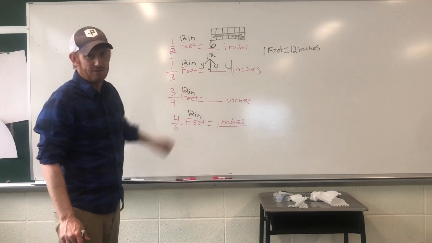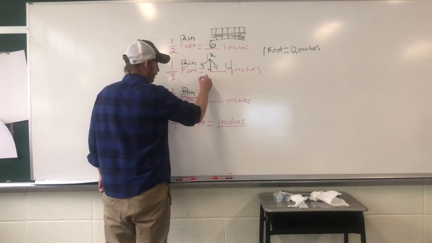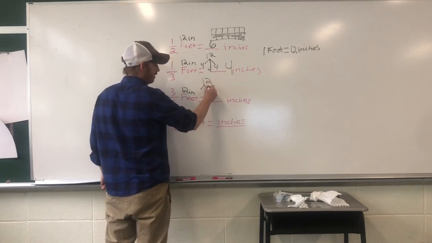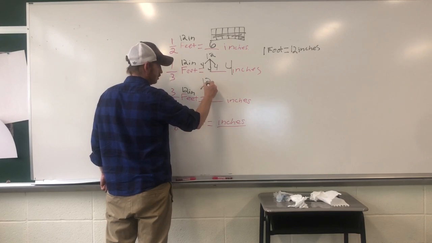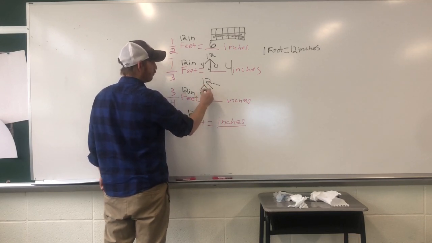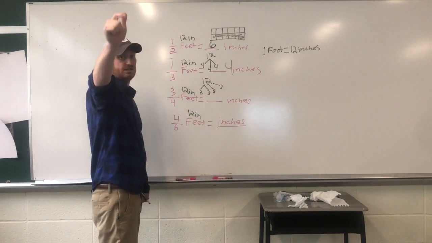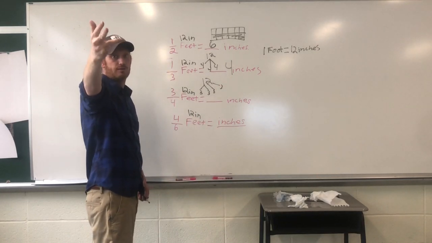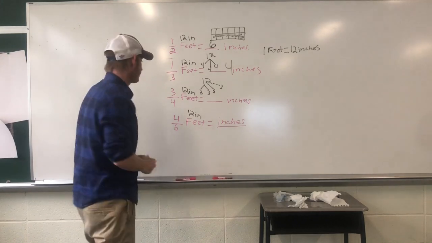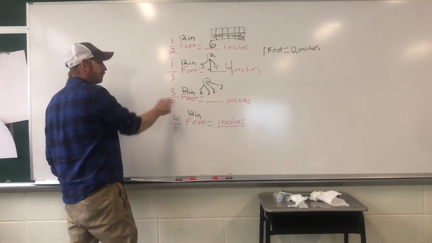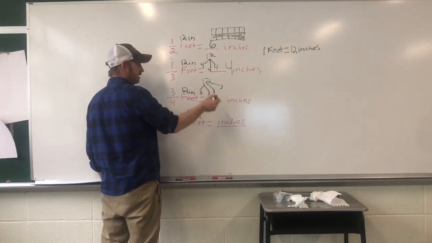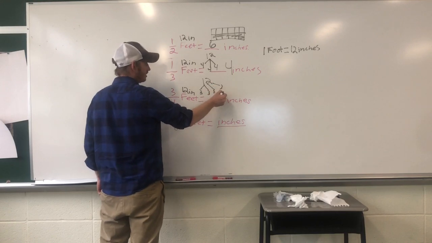3/4 of 12 inches. Same thing. If I have 12, it breaks out into 3 4 times, right? 3, 6, 9, 12. That's 4. And if I have 3 out of 4, I have 3, 6, 9 inches.